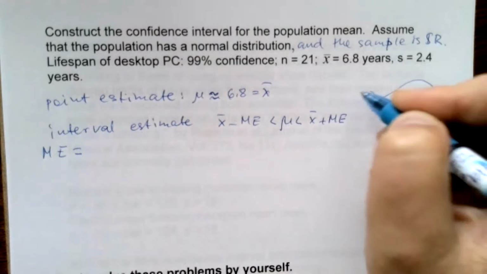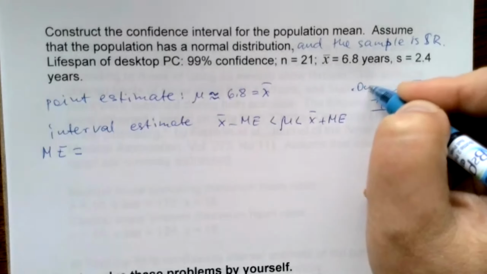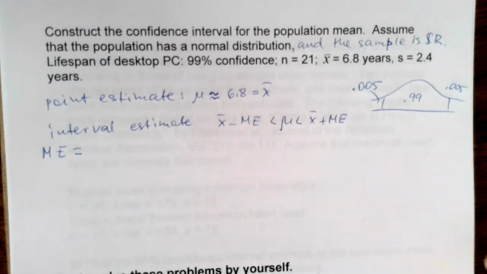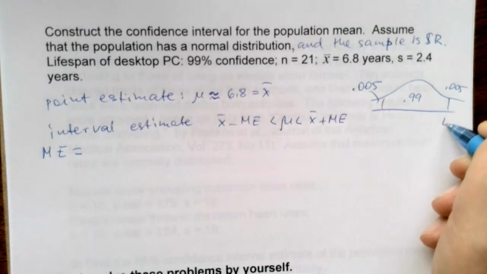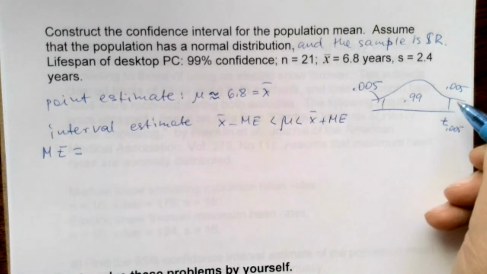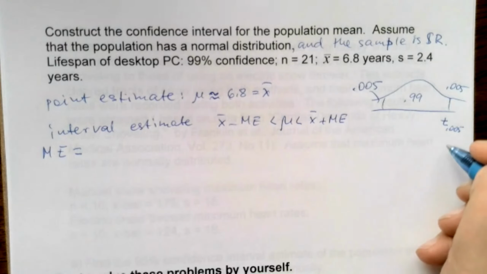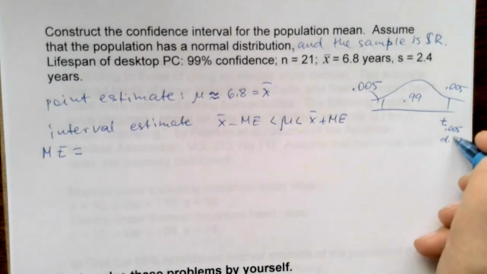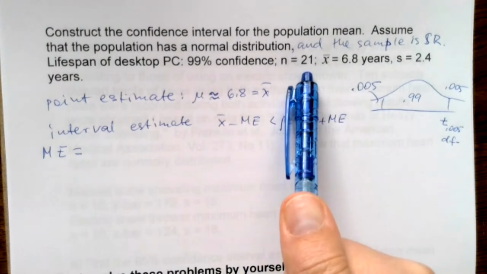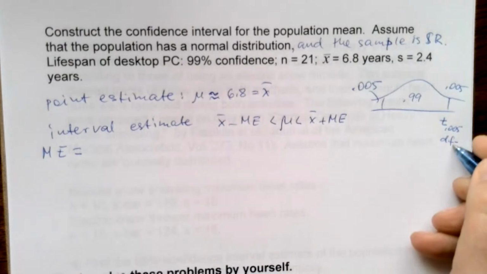That means that alpha over 2 is 0.005 in each tail. So I need to find the t with 0.005 and the degrees of freedom. Remember, t also depends on degrees of freedom. Degrees of freedom here is n minus 1, which is going to be 20.